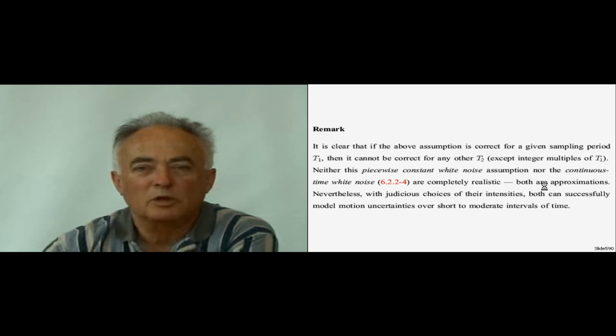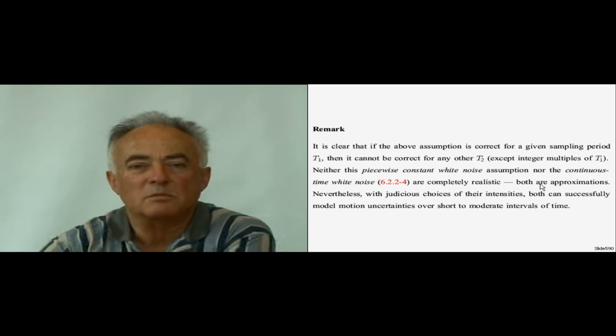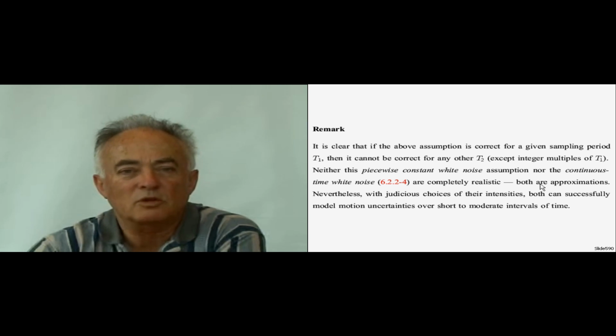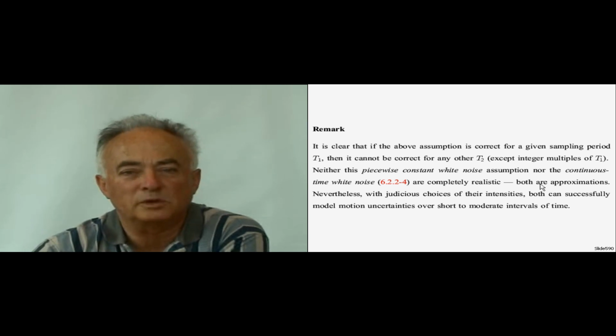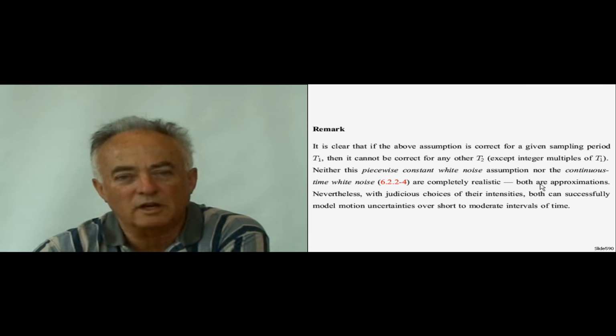So what we do in this case is make an engineering approximation that what we don't know is modeled as a random process, and we have several options. In most cases, we can find one of these options fitting reasonably well, but never perfectly, the reality.